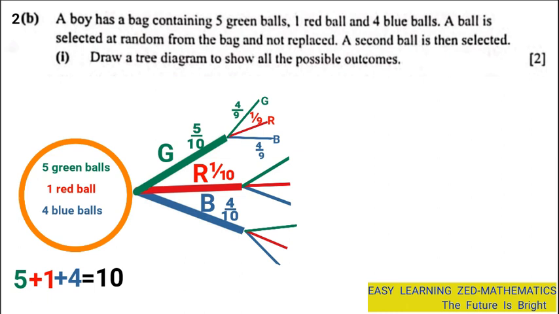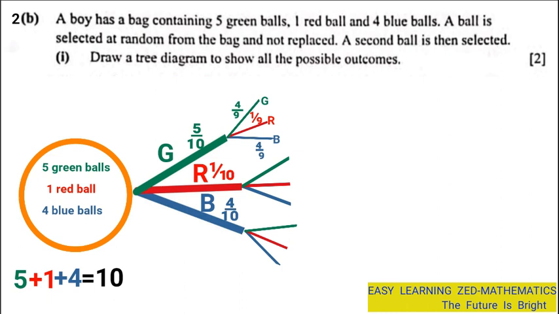Okay, now what will be the probability of picking a green ball when a red ball was picked? So this time we're going to go to the arm which is in red, which stands for a red ball being picked at first. So if the red ball was picked at first, what will be the probability of picking a green ball?